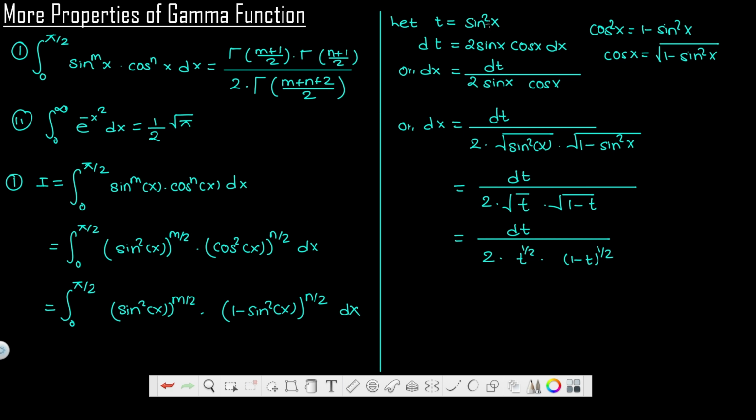Since we changed x in terms of t, we have to change the limits of x in terms of limits of t. Initially we had 0, so putting x equals 0, we get t equals 0, and putting x equals pi over 2, we get t equals 1.